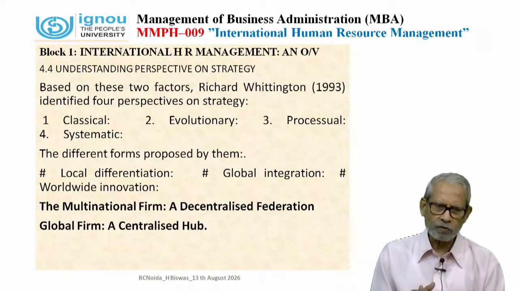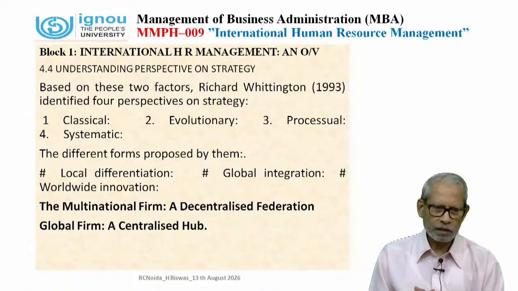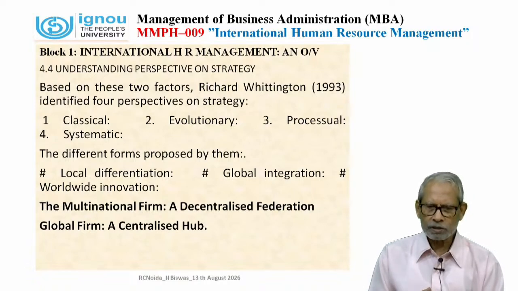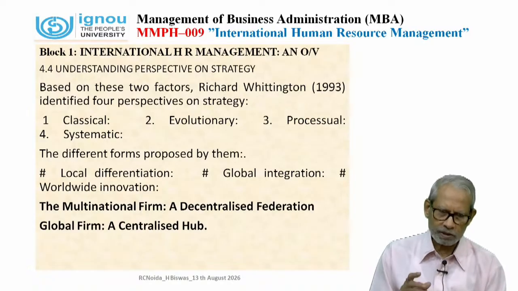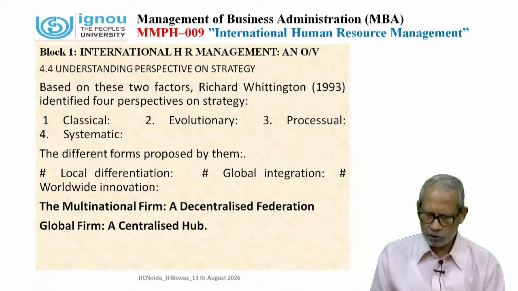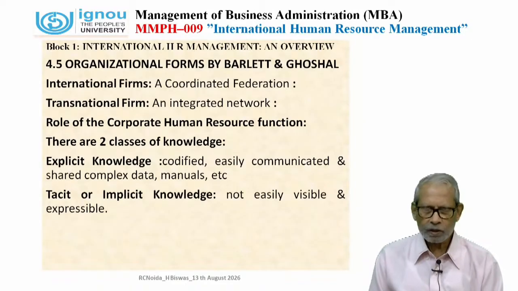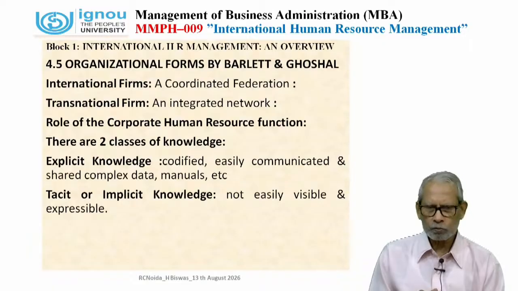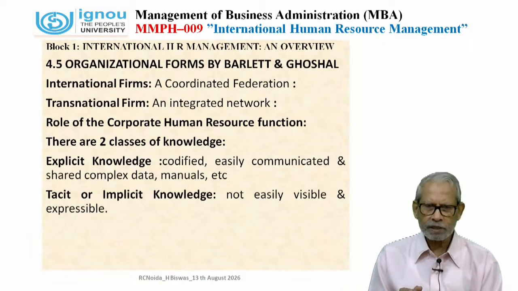The different forms are processed by local differentiation, global integration and worldwide innovation. So, multinational firms are decentralized federations and the global firm is basically a centralized hub. Then international firms are coordinated federations, and transnational firms are basically integrated networks.